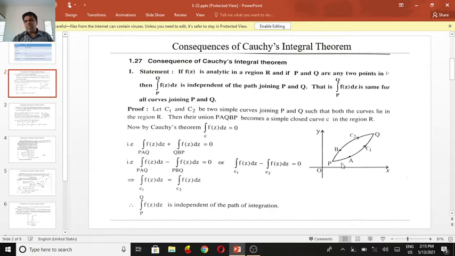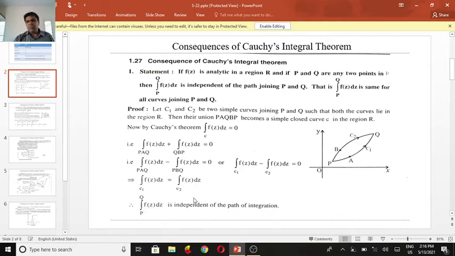The curve PAQ represents C1 and PBQ represents C2. That is, the integral over C1 of f of z dz minus the integral over C2 of f of z dz equals 0, so the integral over C1 equals the integral over C2.